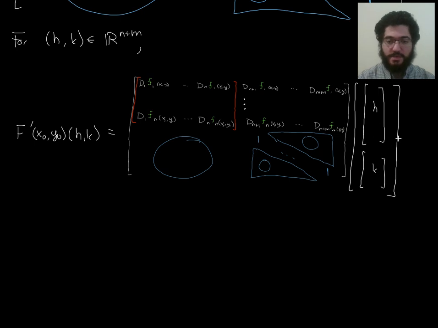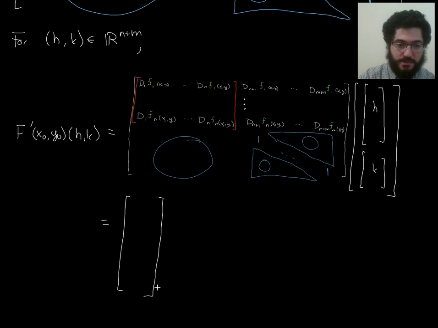So you're going to get a column vector out, right? This is an n plus m by n plus m matrix, so this is a square matrix. If I apply it to a vector with n plus m components, then I get a vector with n plus m components out.